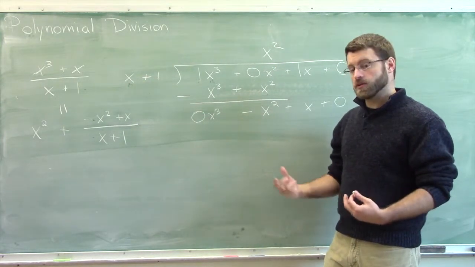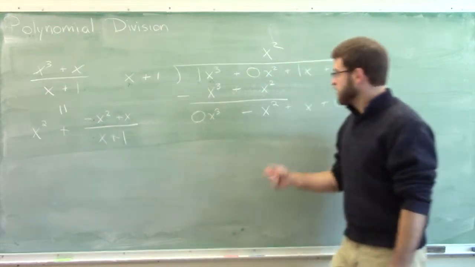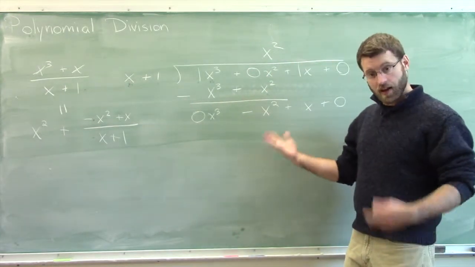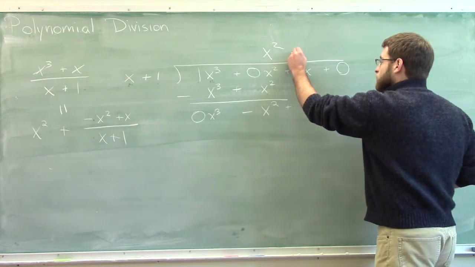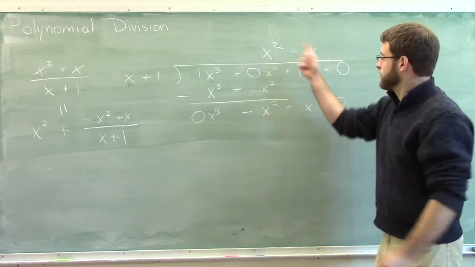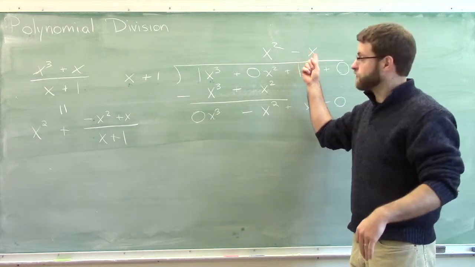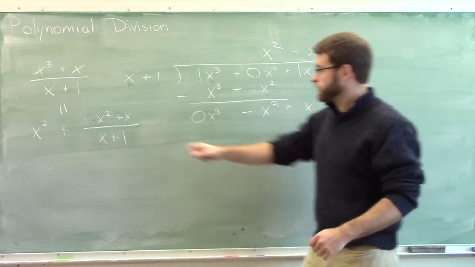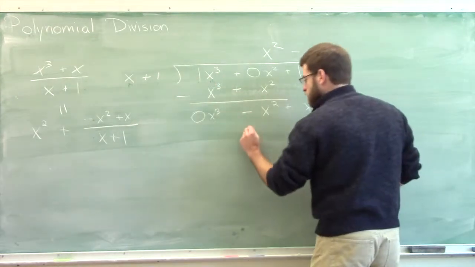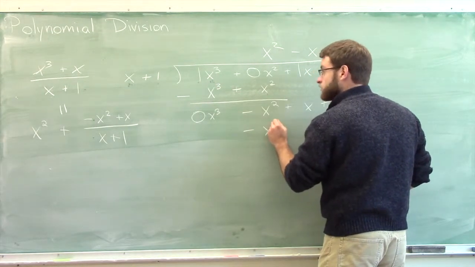So I'm going to multiply my divisor by negative x. That'll match the leading terms, and it will give me the next piece that we're going to divide out of this polynomial.